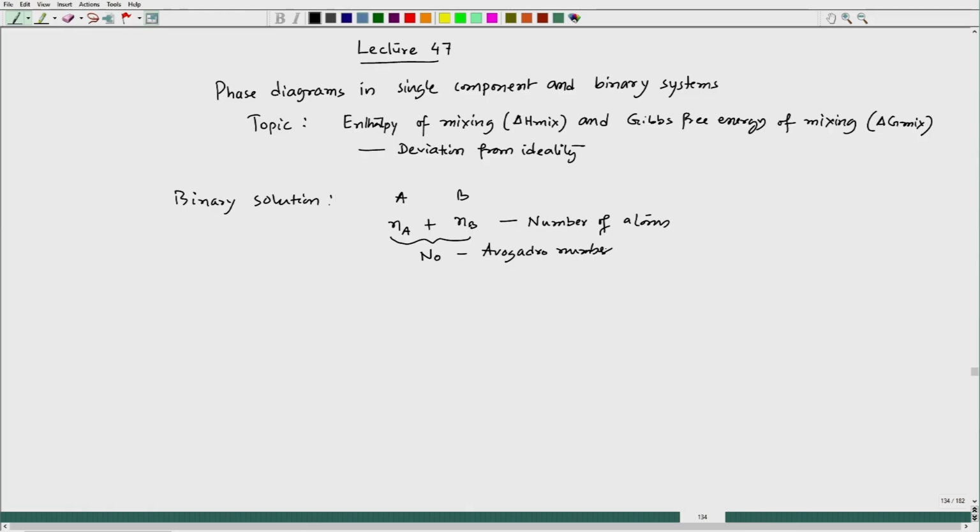So, we are considering 1 mole of solution and their mole fractions are Xa and Xb. Both of them have the same crystal structure. That means the coordination number, which is Z, is also the same. In fact, the solution also has the same crystal structure.